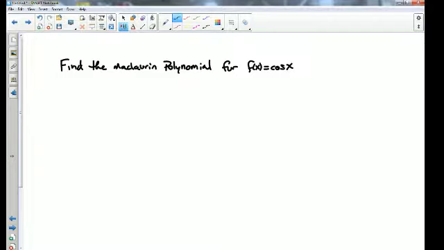What are we centered at? 0, right? So remember a equals 0.